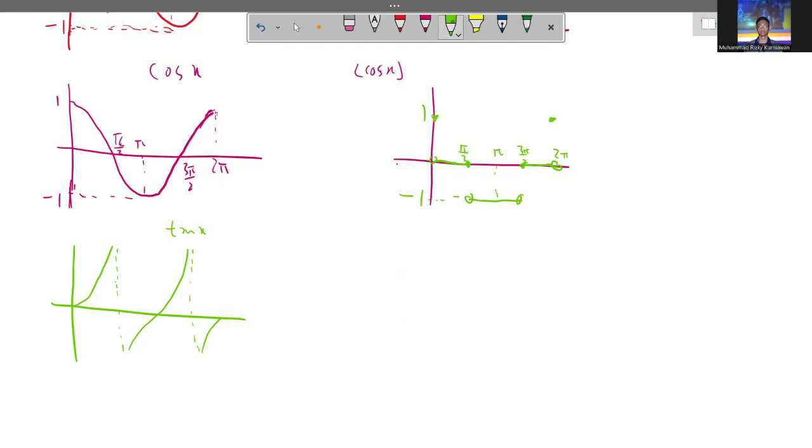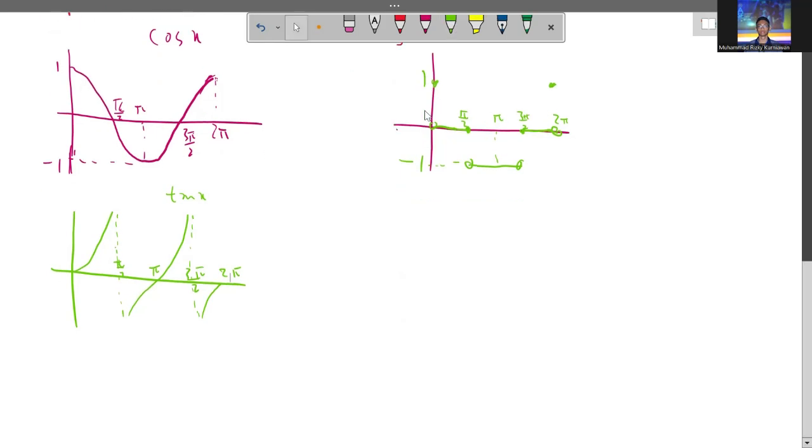So this is pi over 2. Actually, I'm going to put it down. Pi over 2. This is pi. Pi over 2. This is 2 pi. Now, if we want to draw the graph of the GIF of tangent of x, you will notice that once you hit x equals pi over 4, I'm going to put it here.